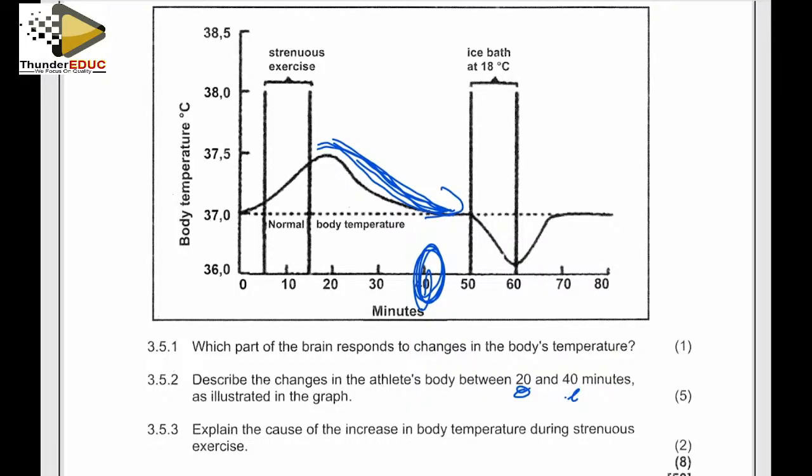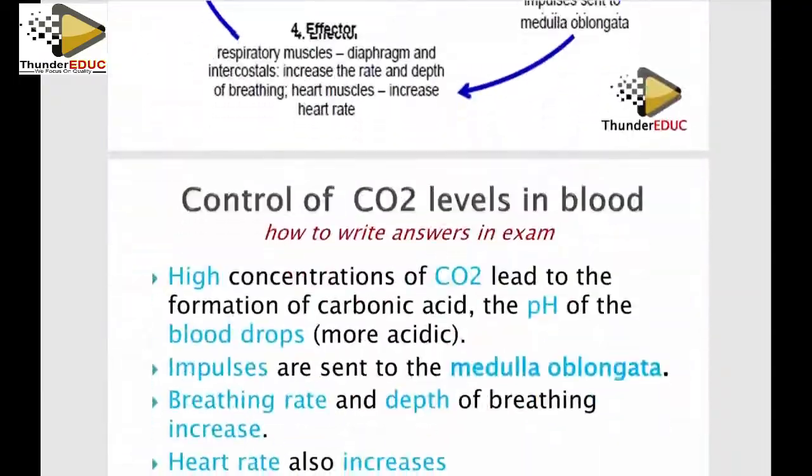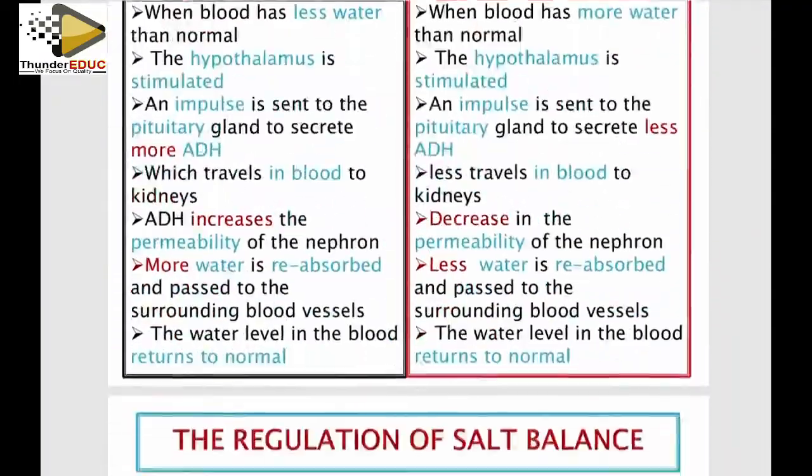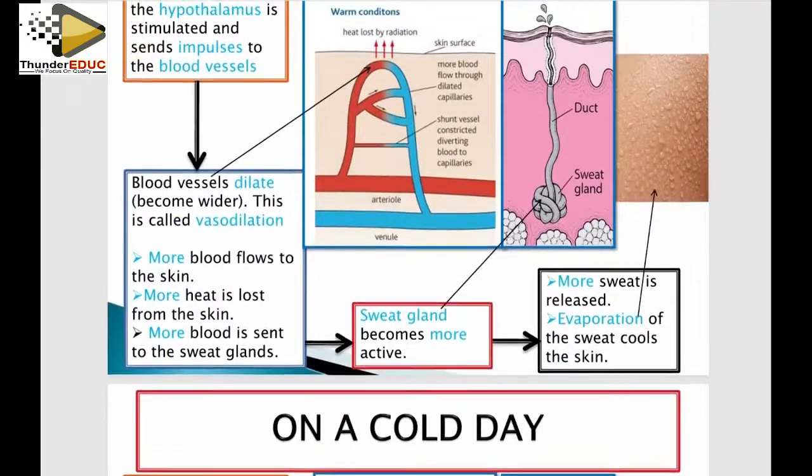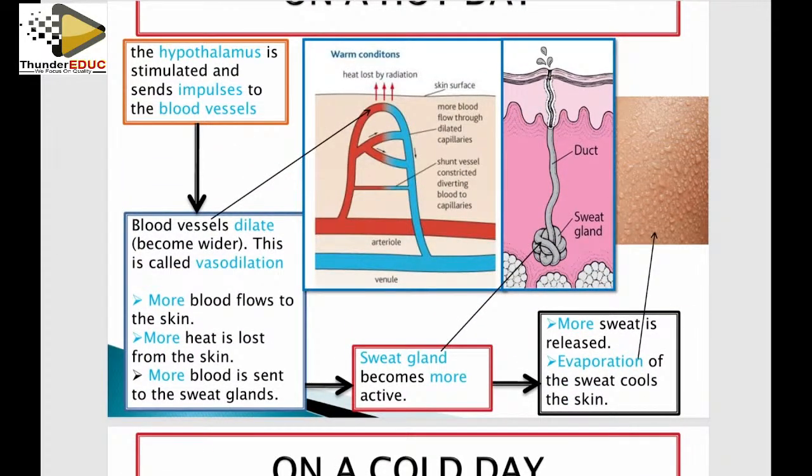Do you understand? Yes. So I explain thermoregulation, where I told you that you can't skip this. In a hot environment, the hypothalamus is stimulated and sends impulses to the blood vessels, and then the blood vessels dilate or become wider. This is called vasodilation.